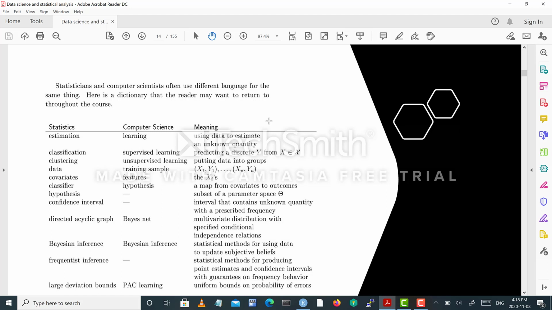But finally, large deviation bounds, PAC learning, which means uniform bounds on the probability of errors.